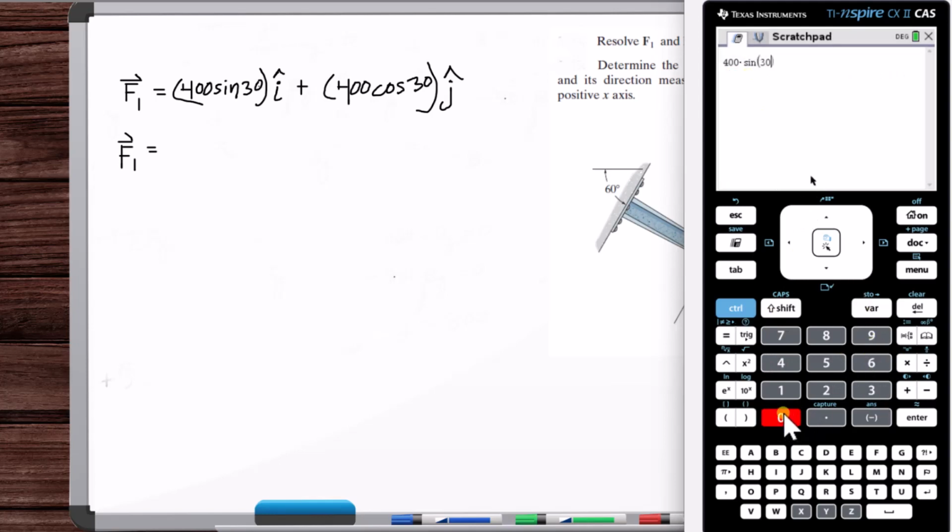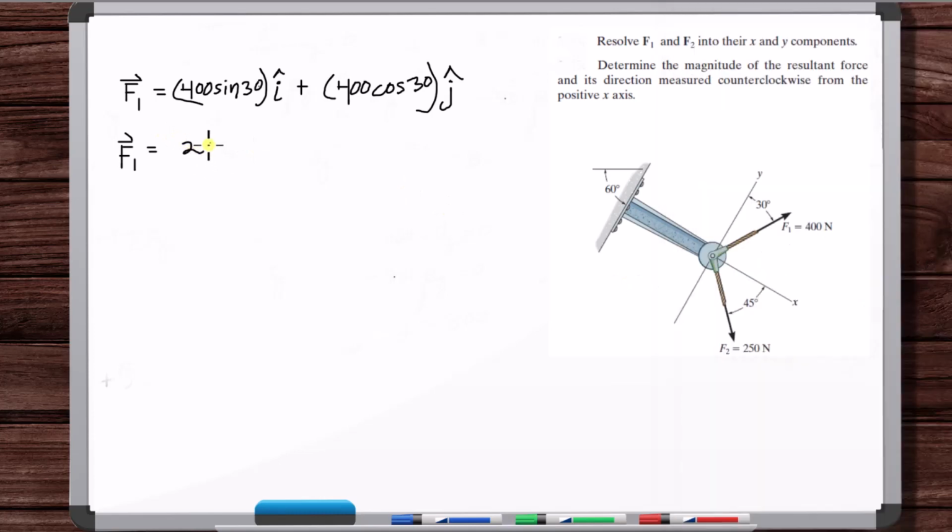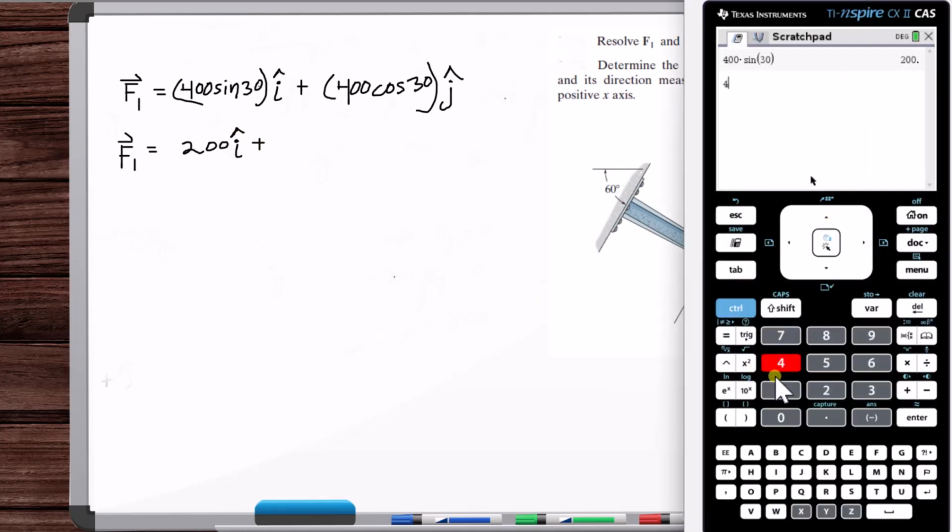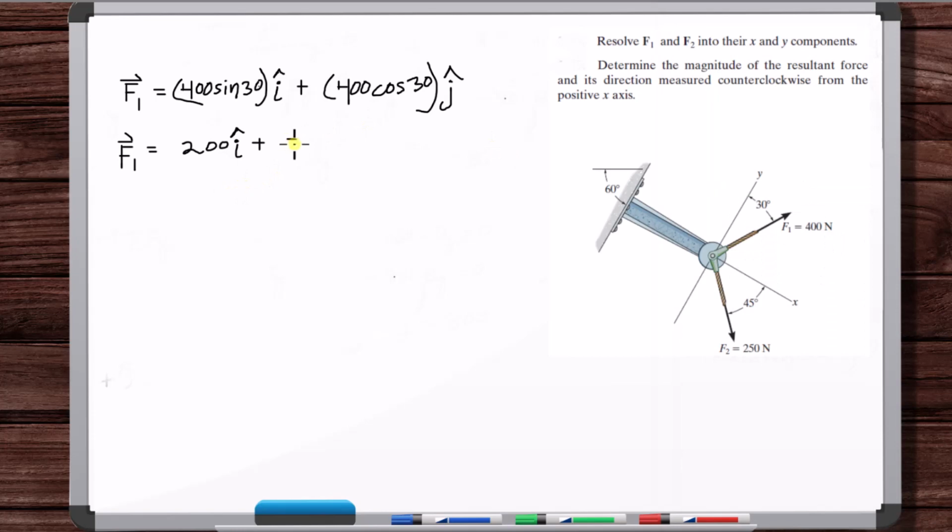So sine 30, 200. All right. Now, cosine 30, 346.4. Okay, that's F1.